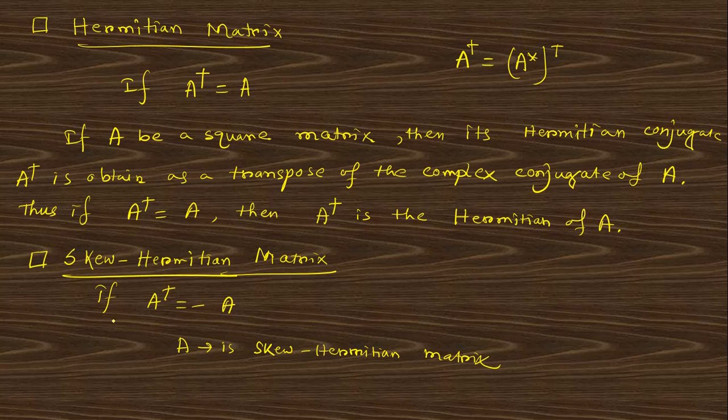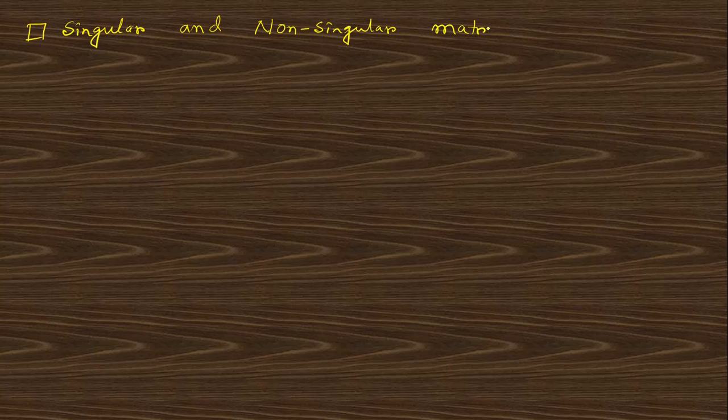Clear? The next one is singular and non-singular matrix. What is a singular matrix and what is a non-singular matrix?